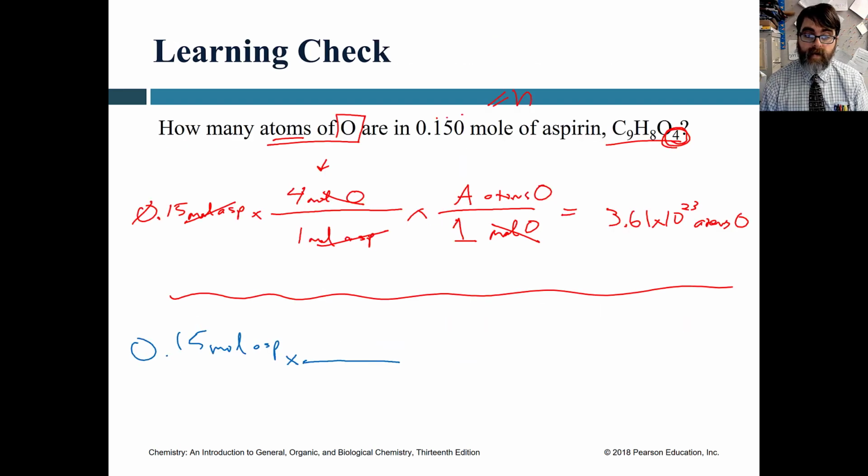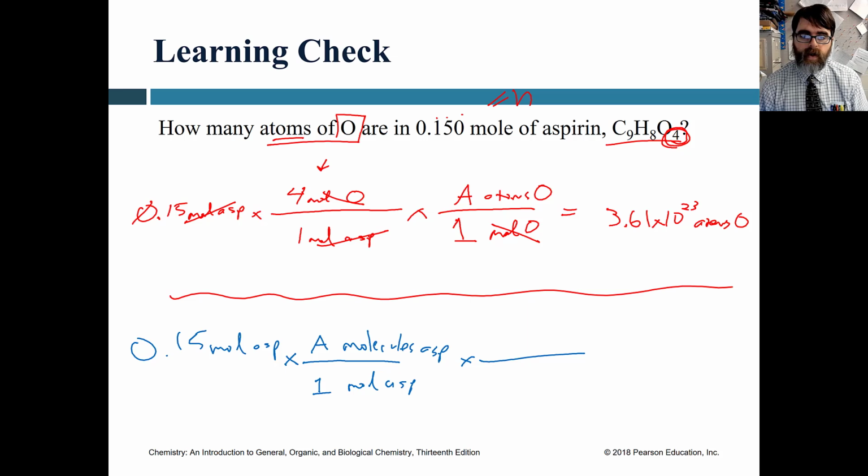So this time I'm going to turn moles of aspirin into molecules. We know that there's an Avogadro's number worth of molecules in 1 mole of aspirin. And then we know that 1 molecule of aspirin has 4 atoms of oxygen in it. Then when we check our units, moles of aspirin cancels with moles of aspirin, molecules of aspirin cancels with molecules of aspirin, and we're left with atoms of oxygen.